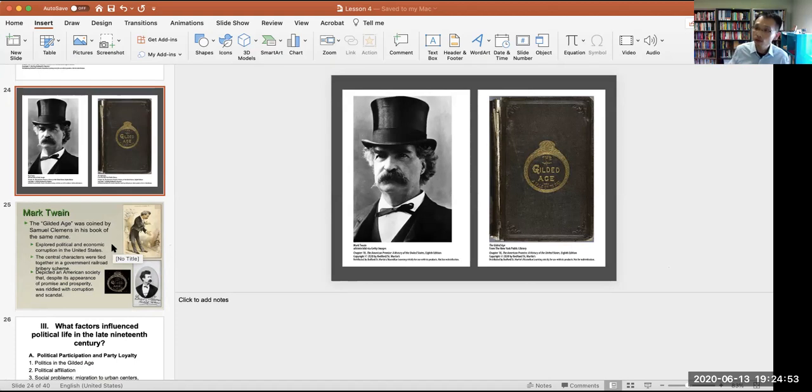What was the reason for political corruption? What did the national political scene look like during the Gilded Age? And why were so many critics very adamant in thinking about the Gilded Age as a period of ineffective national leadership? What were the social problems of the Gilded Age?